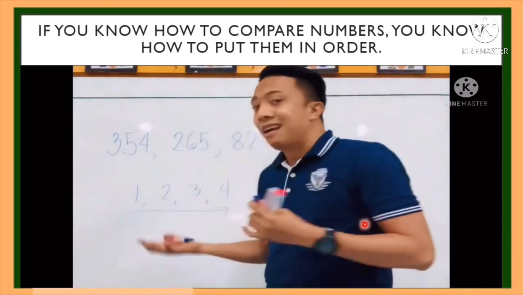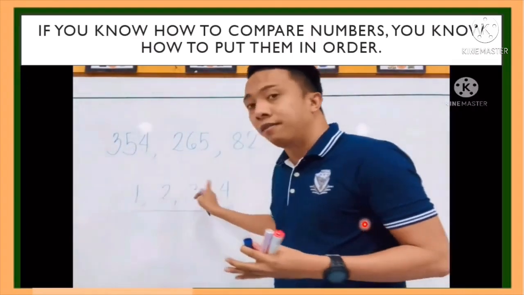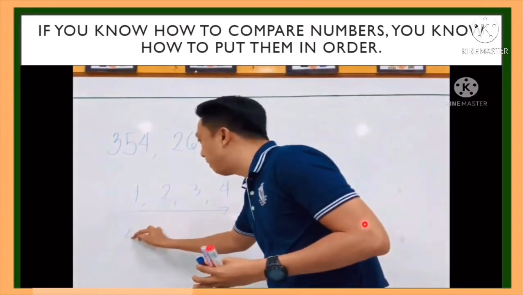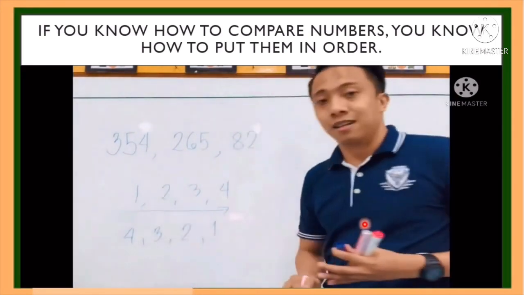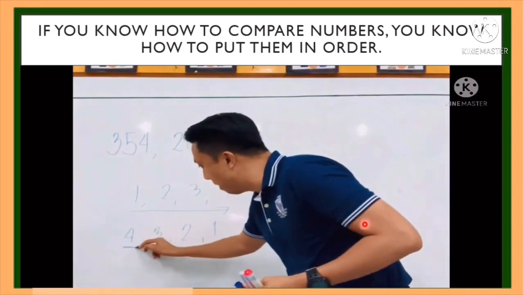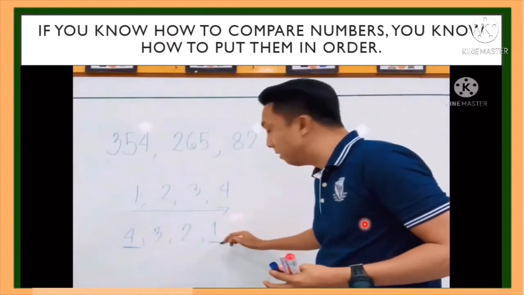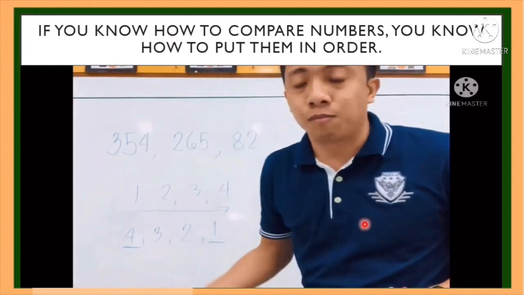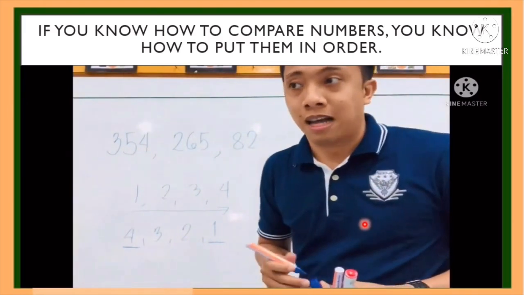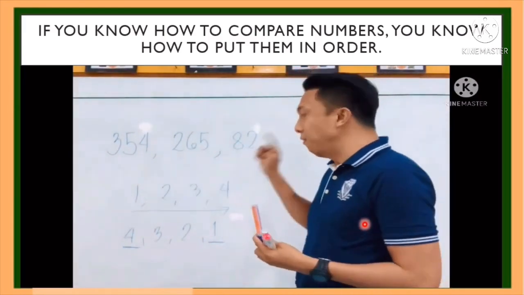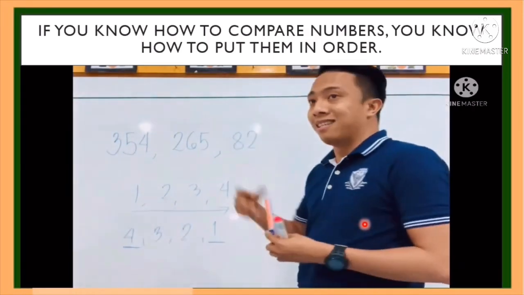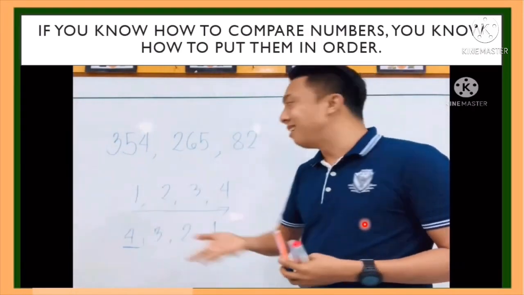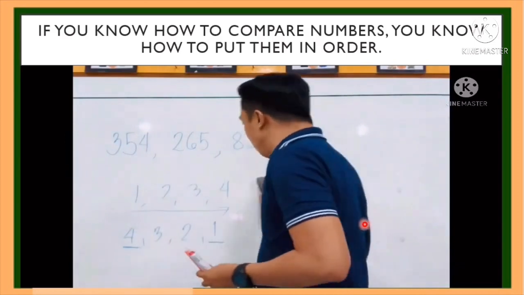Example, I will be using again 1, 2, 3, and 4. So I have here 4, 3, 2, 1. From the greatest number up to the least or the smallest number. So those are the differences between the ascending and descending.